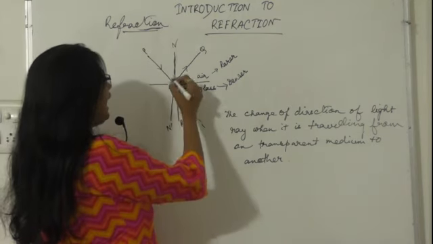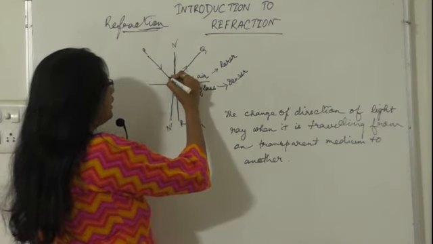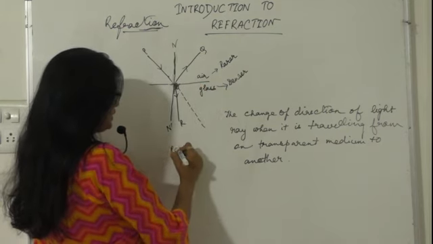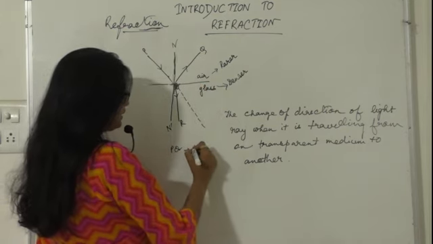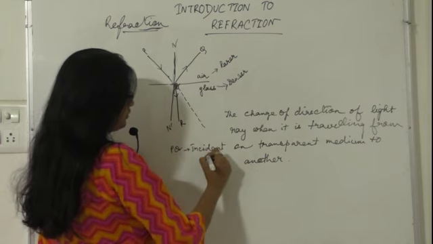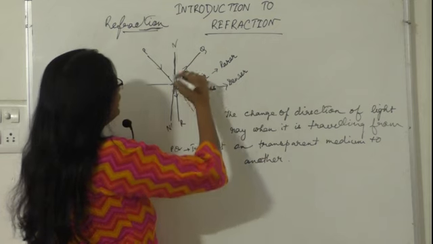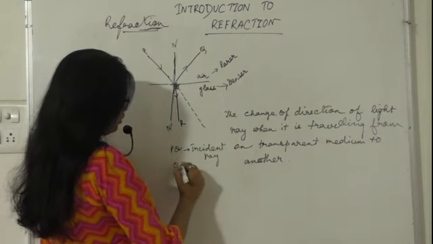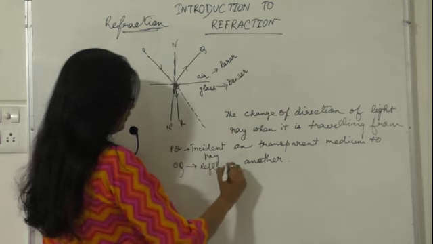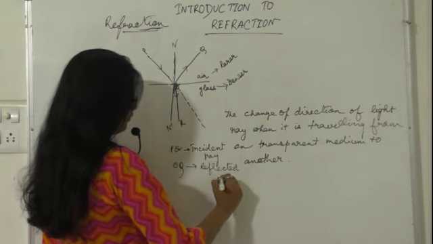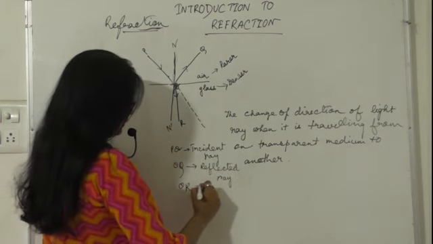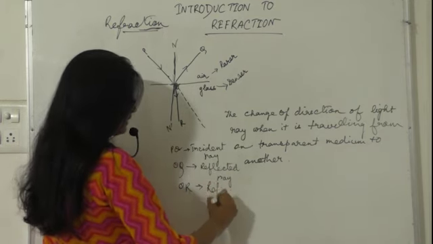Now let's have, this PO is incident ray. Now OQ is reflected ray. Now OR is refracted ray.